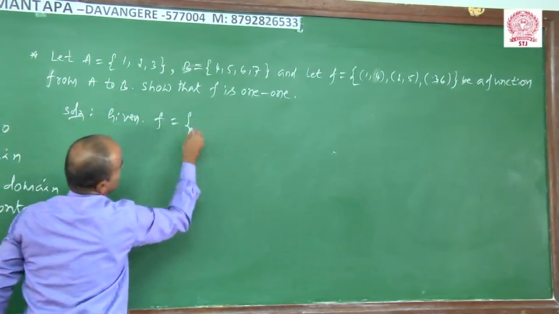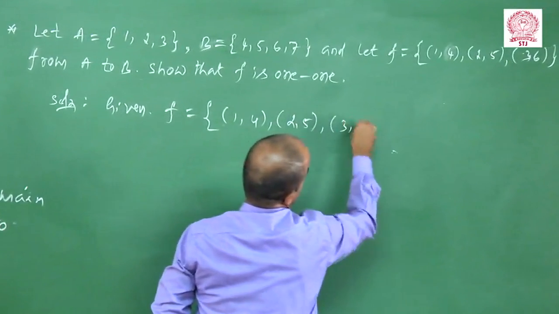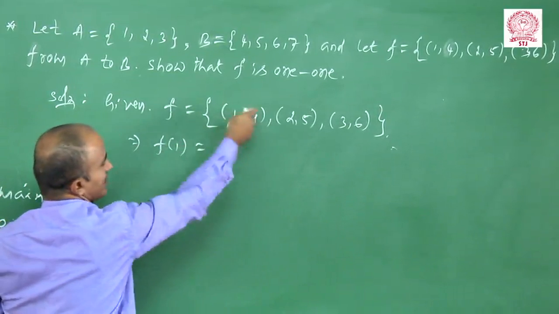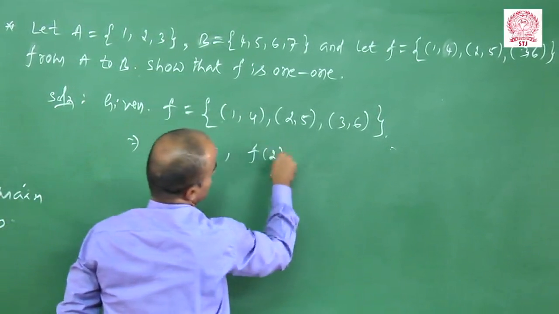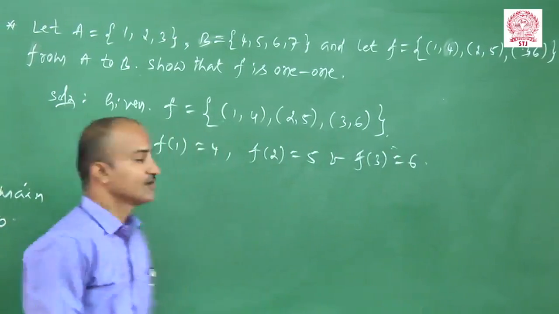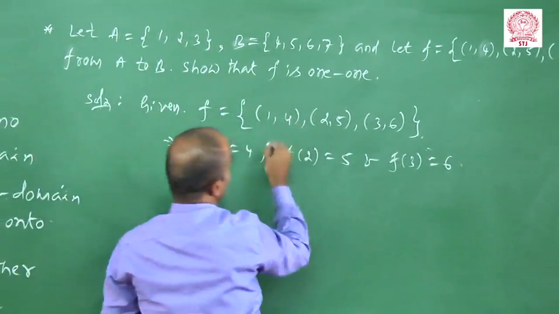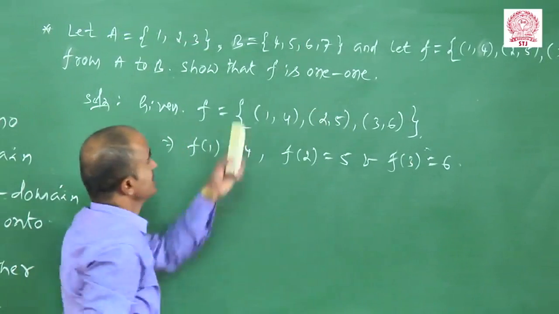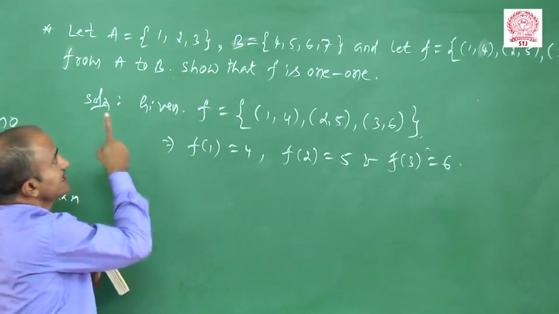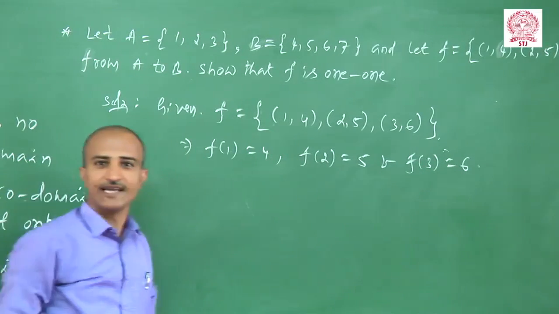Given where f is (1, 4), (2, 5), (3, 6), which means image of 1 is 4, image of 2 is 5, and image of 3 is 6. 1, 2, 3 are the elements of set A. 4, 5, 6 are elements of B. Look at here, distinct elements of domain are having distinct images in codomain.